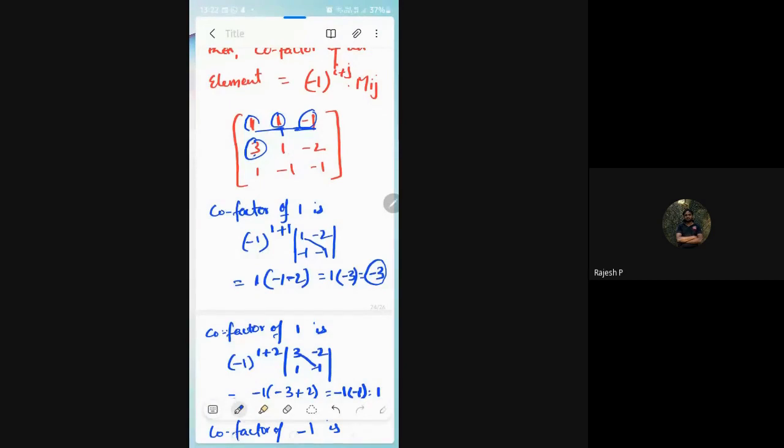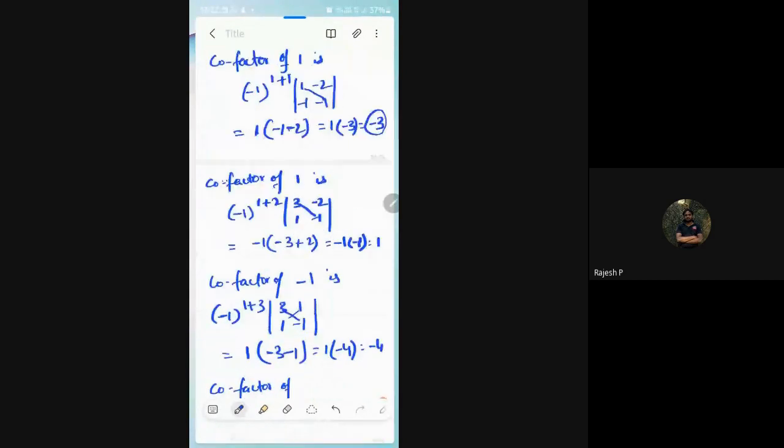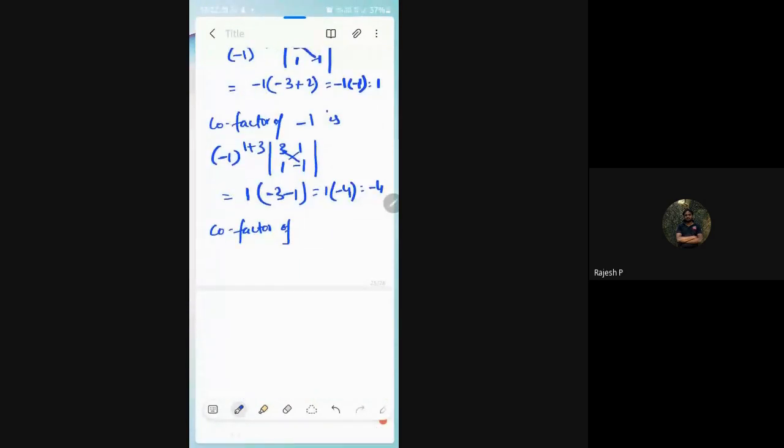Now the same element is in which column? First column. So i is equal to 2 and j is equal to 1. Okay, so i represents the row and j represents the column. Exactly, the position of the column.